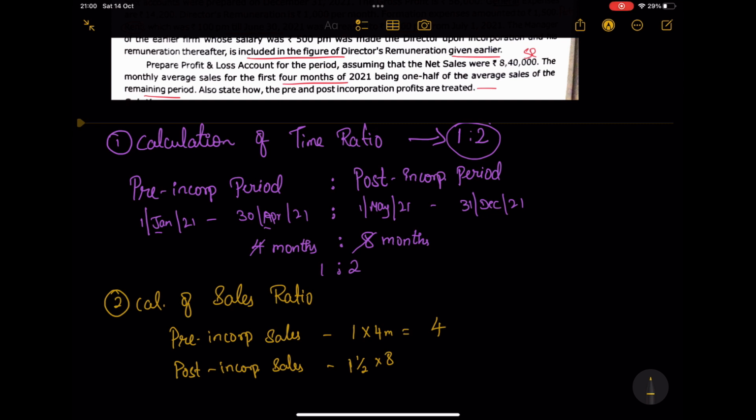So this is what they have given in the question, or we can write it as 1.5 into 8 also.